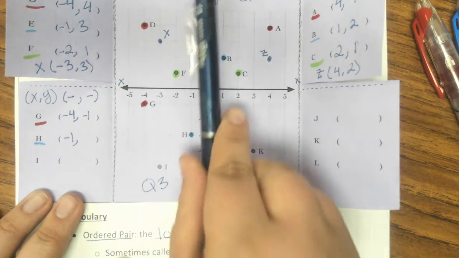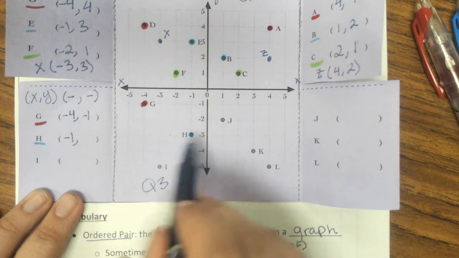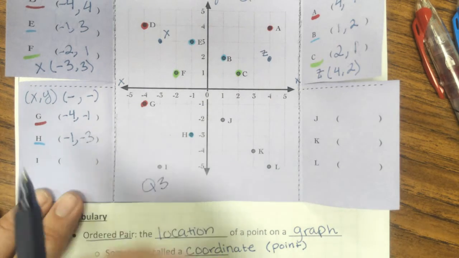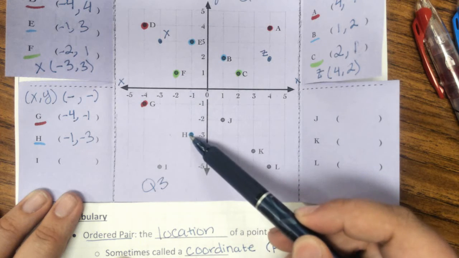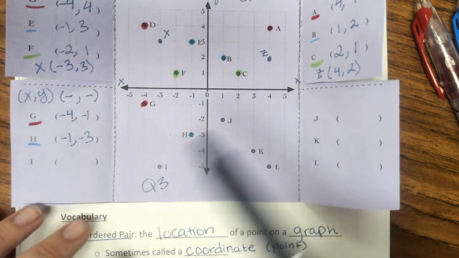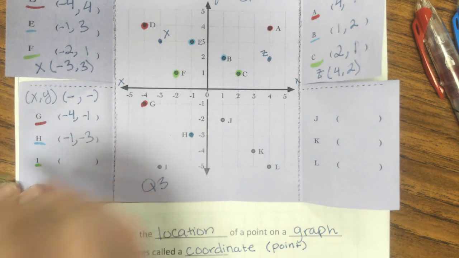The number on the y number line, the up and down number line, is -3. So the ordered pair for point H is -1, -3. Now find the ordered pair named I.